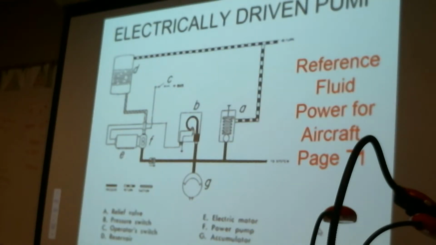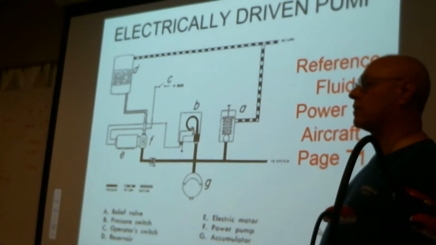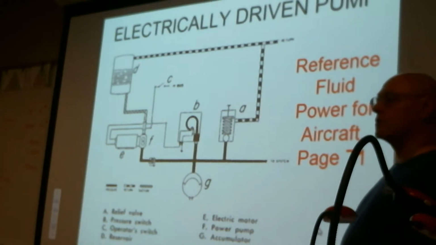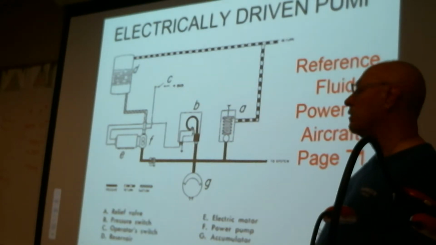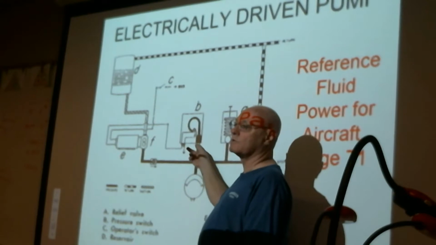Okay, next, a little bit about the specifics of things that are electrically driven, like pumps. Anytime that you've got an electric pump, we don't really have a true pressure regulator that's used in the circuit, but we still have to have something that's pressure sensing that turns the electric motor off. So what we use a lot of times is a device called a pressure switch.